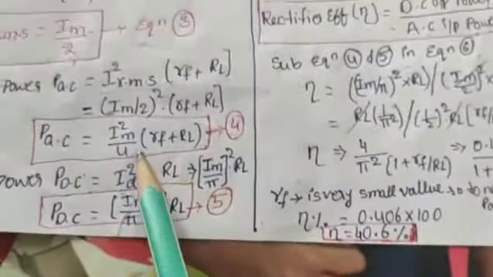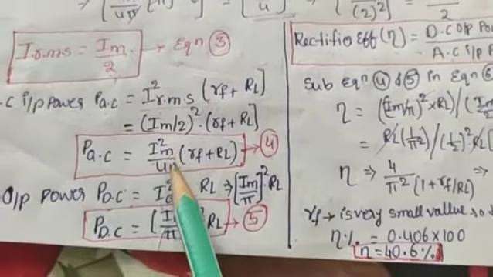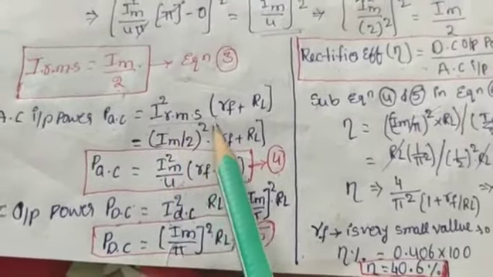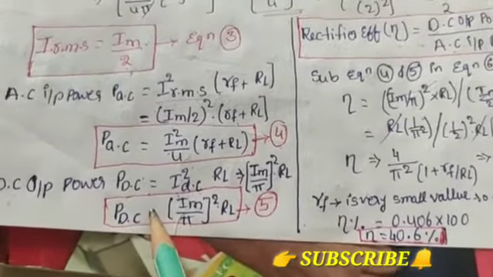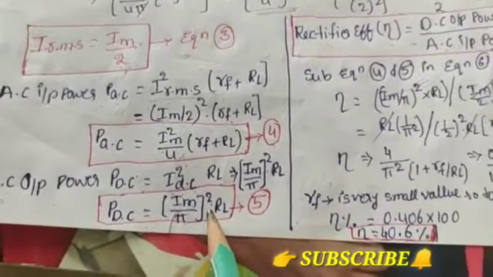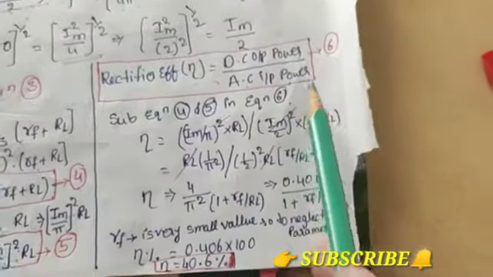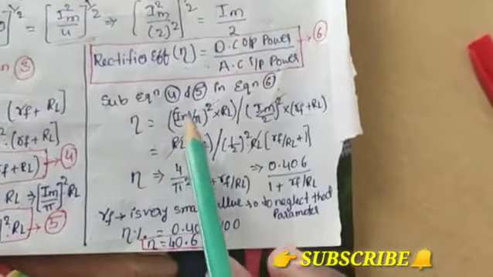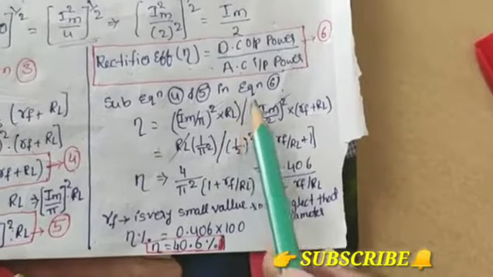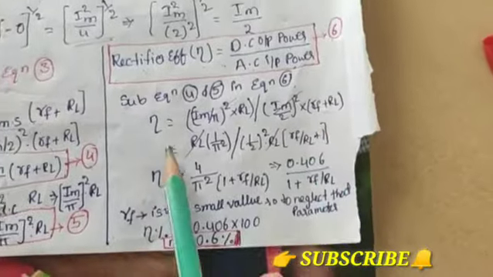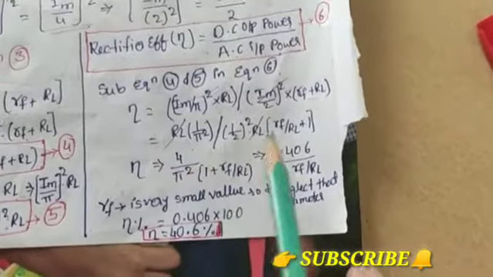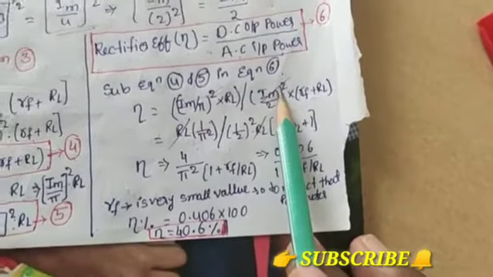The fourth one is (Im by 2) whole square (RF plus RL). Substitute the value of equation 5 in equation 6: (Im by π) whole square into RL, by (Im by 2) whole square into (RF plus RL). Now simplifying this equation, RL gets cancelled, Im gets cancelled.